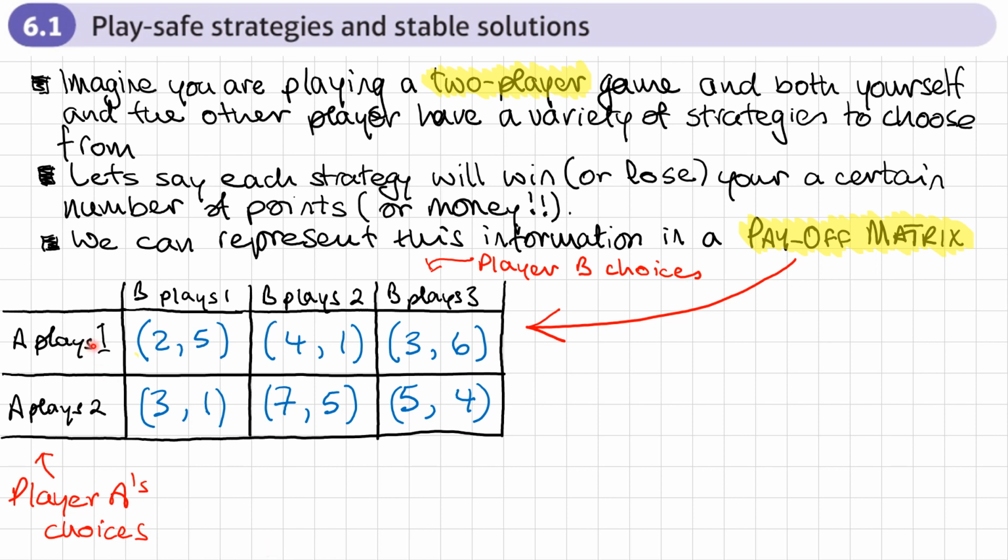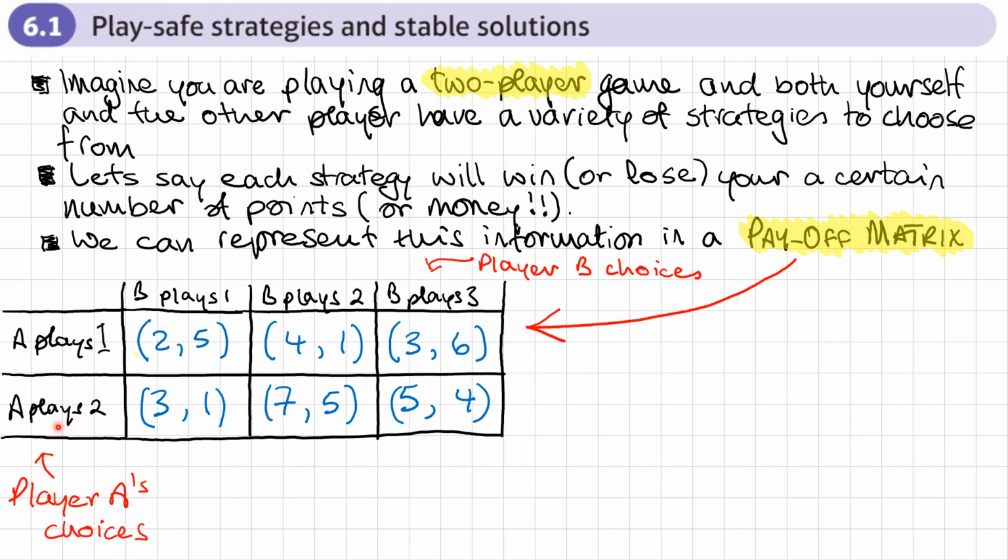Now the choices that A and B make will depend on whether they know what the other player is going to do. In some cases they don't know what the other player is going to do, so that's going to affect their choices. Also what's going to affect their choice is if they decide to collaborate. So A and B may get together and say, right, let's play this particular strategy, whichever one, because it benefits us both.